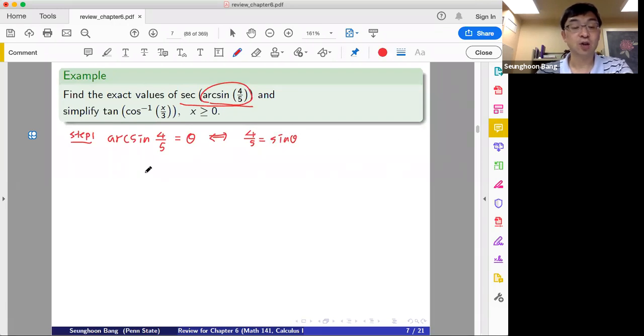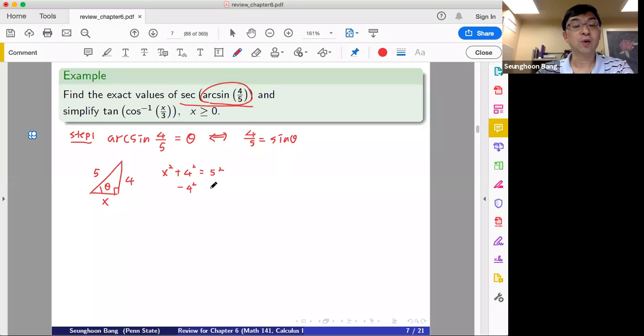Next, you can draw a right triangle. The sine theta is opposite over hypotenuse. Opposite is 4, hypotenuse is 5. You can find this x value by using the Pythagorean theorem. x squared plus 4 squared equals 5 squared.